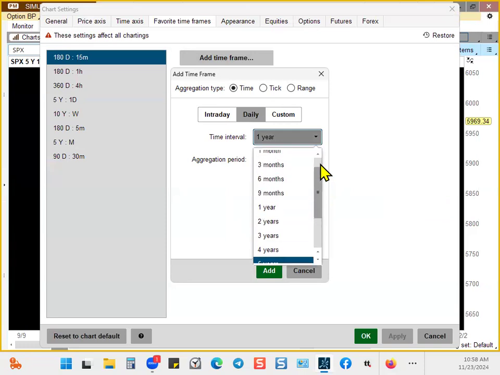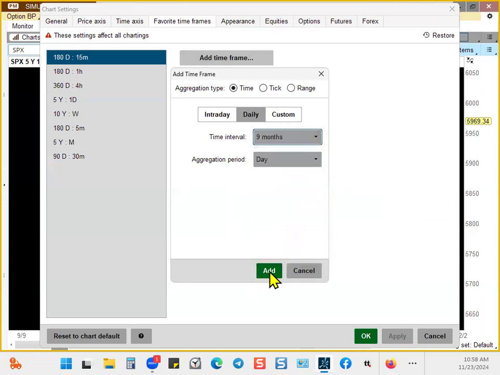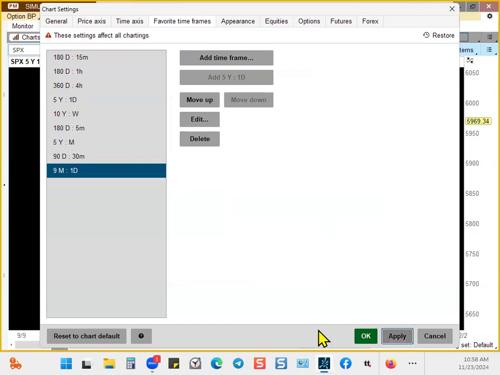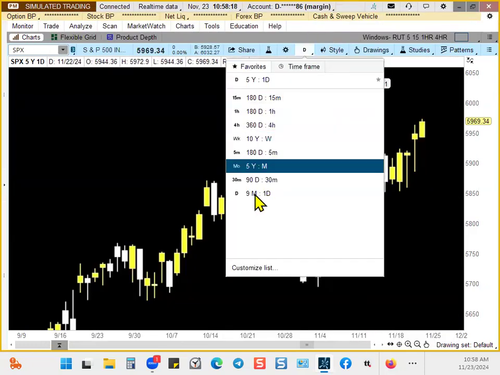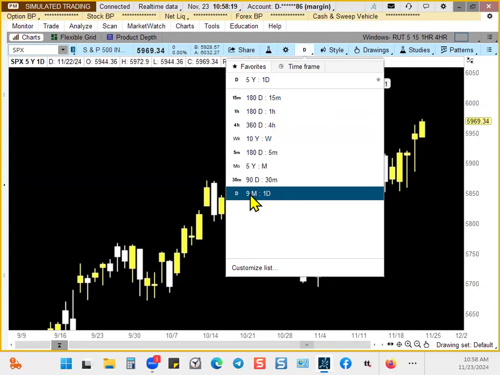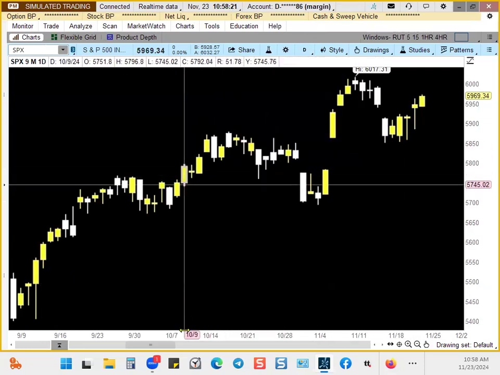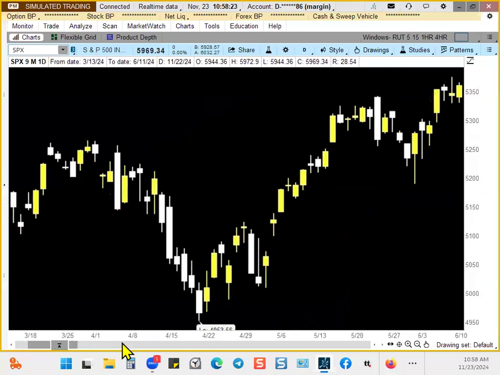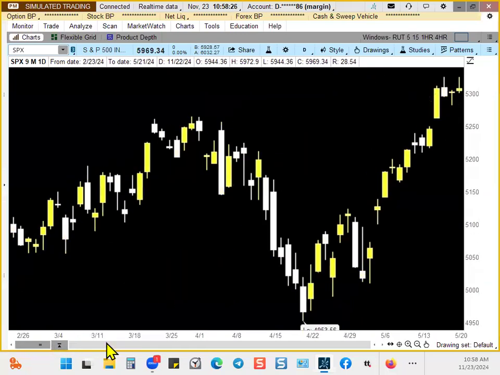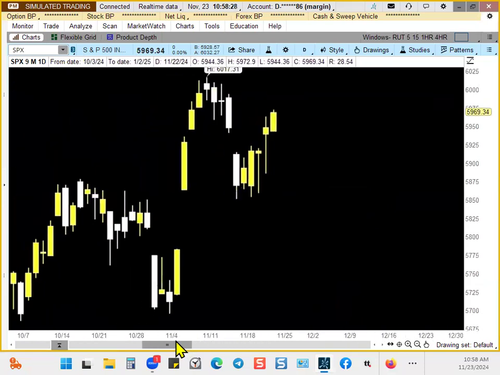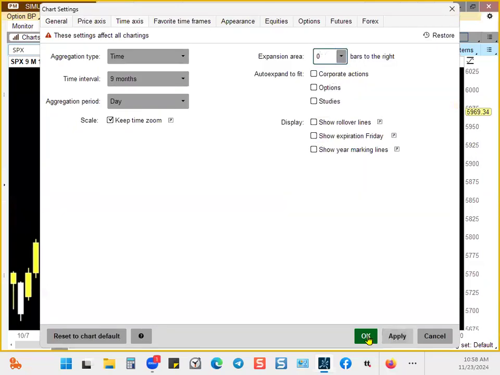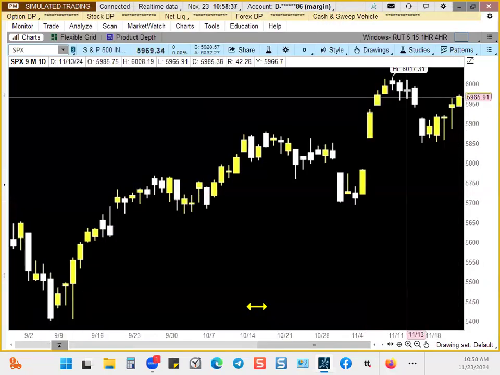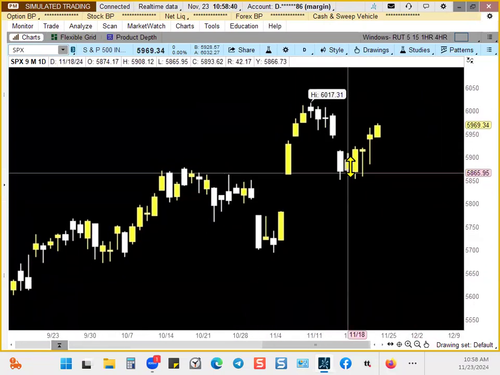And then I'm just going to do like 9 months and add and apply. The reason why I'm doing that is so here it is, 9 months, 1 day. I'm just doing that so that when I'm sliding back and forth, I'm not doing 5 years worth of sliding or whatever. I'm only doing 9 months. So I don't have to slide back as far and keep scrolling because it feels like you get carpal tunnel after a while.